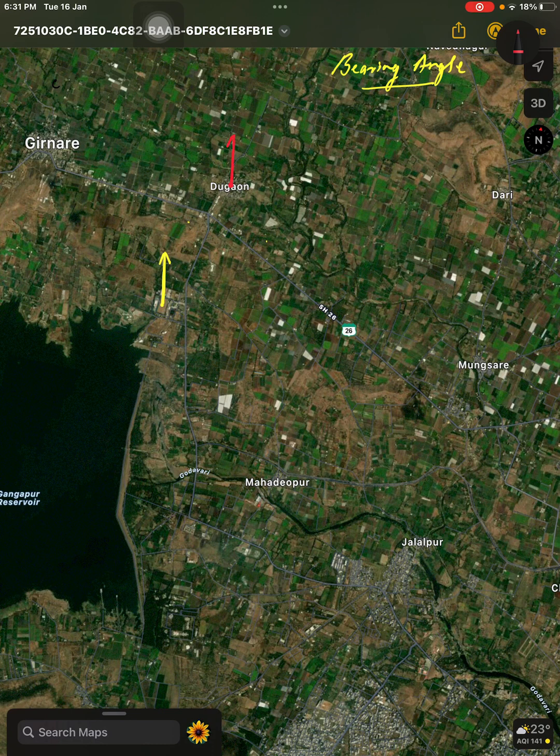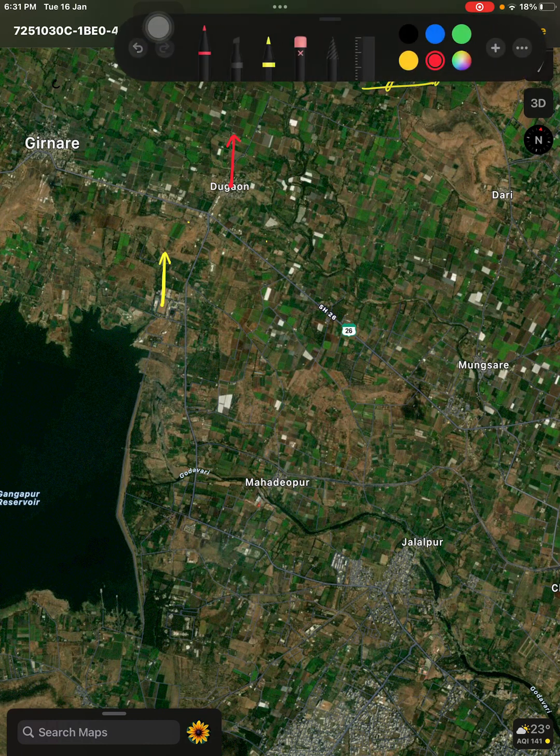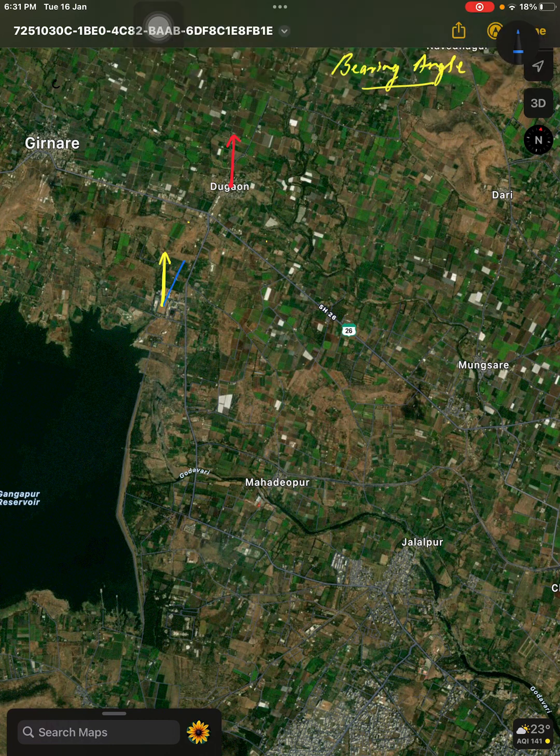So all references are taken towards the north. So the angle taken would be in this manner that I show. Here it is. So this is the distance from your school, from Fravashi to Dugaon, and the angle makes it unique.